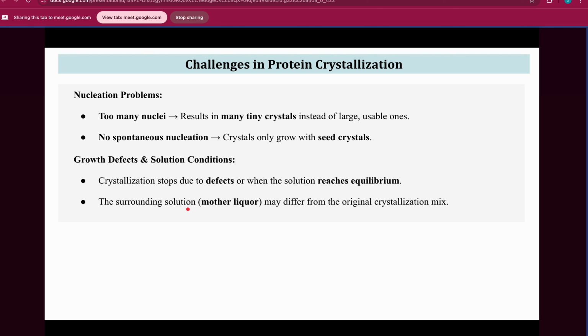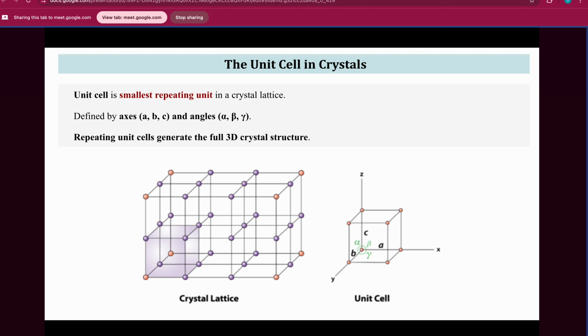The second reason is that the surrounding solution, known as the mother liquor in which everything is happening, may differ from the original crystallization mix, due to which the crystallization process might get stopped. These are the challenges one faces during protein crystallization. We need to keep these points in mind so that we can obtain better crystals.